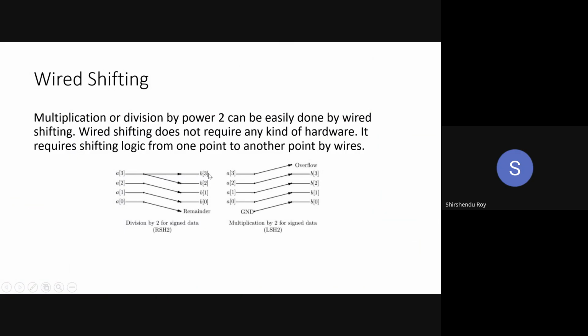MSB we are putting at B3, B2. Okay, this is very important that we have to keep the MSB in mind while right shifting. Otherwise, we will not achieve the accurate arithmetic logic shift for the signed number. So here for 1 bit, we are putting MSB to 2 bits.